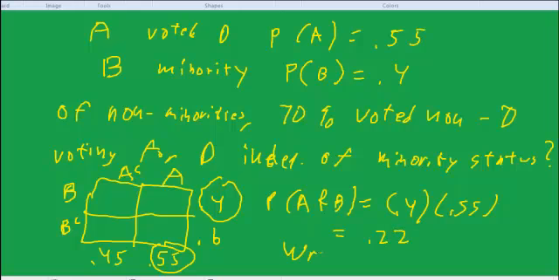And this is wrong. And it's wrong because it assumes independence.